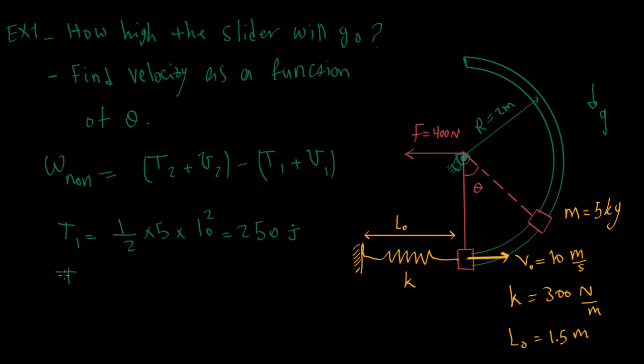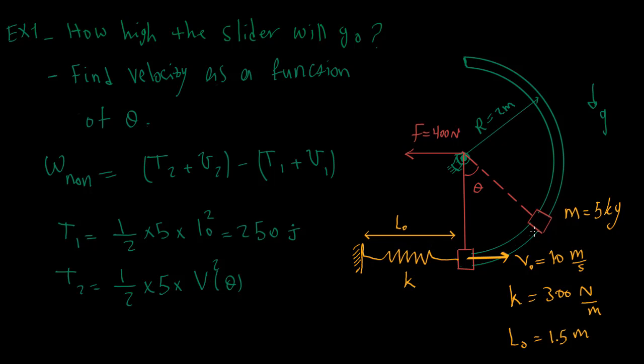So I would say that T2 is equal to 1 over 2 times 5 times v squared, which v here is a function of theta. So v theta squared. And I don't write down the vector symbol and also the magnitude symbol here, because we know that by this v squared we mean the magnitude of the velocity vector.